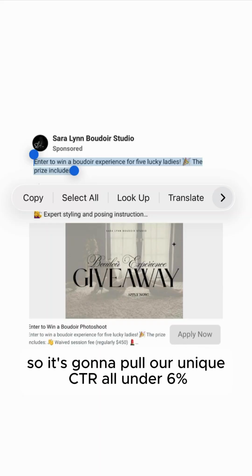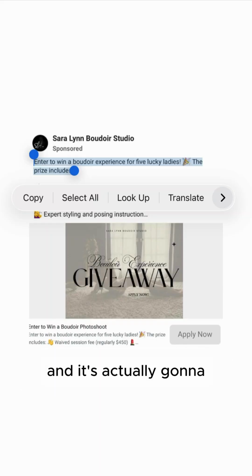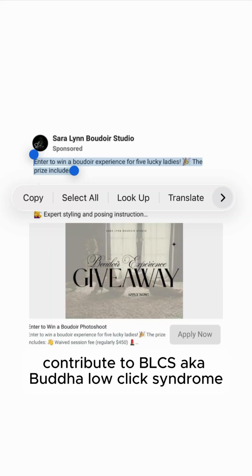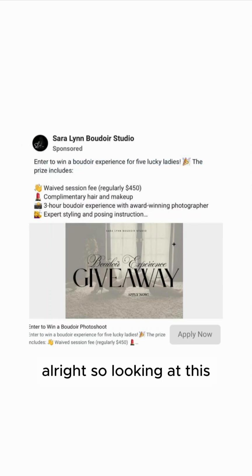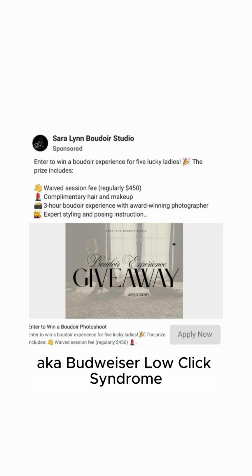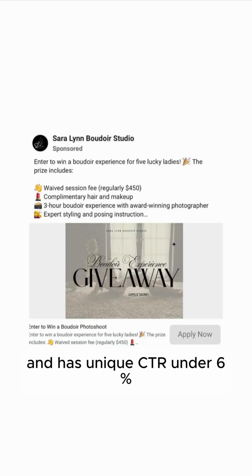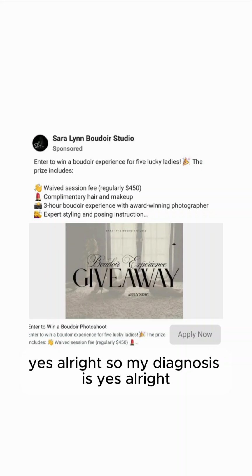So it's going to pull our unique CTR all under 6%, and it's actually going to contribute to BLCS, aka Boudoir low click syndrome. All right, so looking at this, do we believe this has BLCS, and it has a unique CTR under 6%? Yes. All right, so my diagnosis is yes.